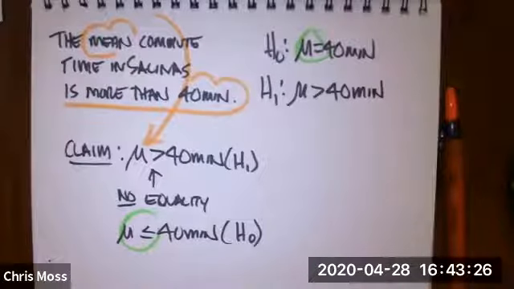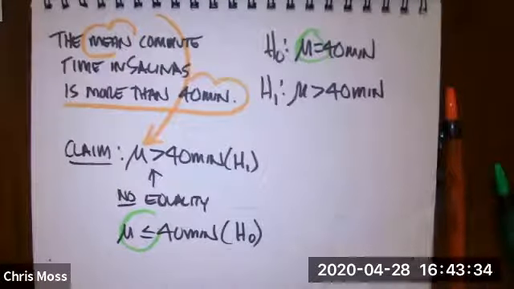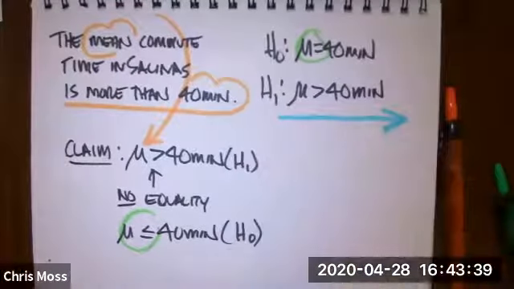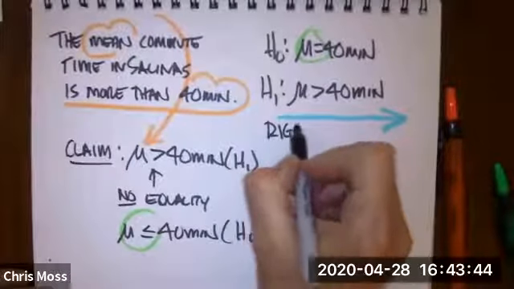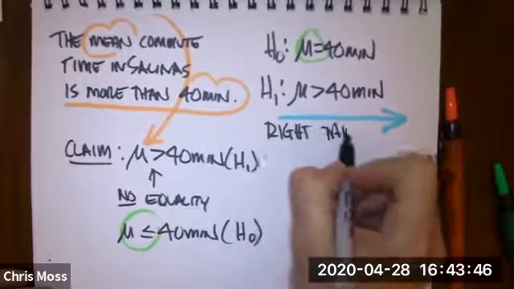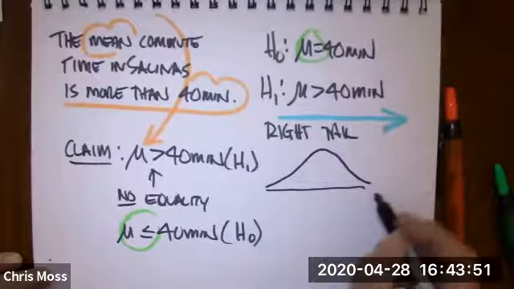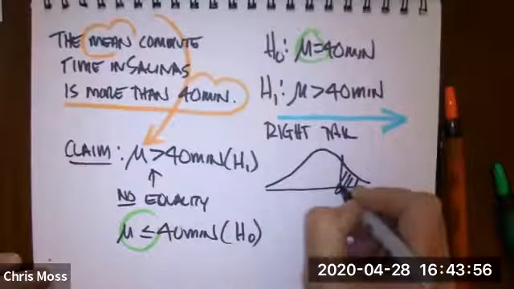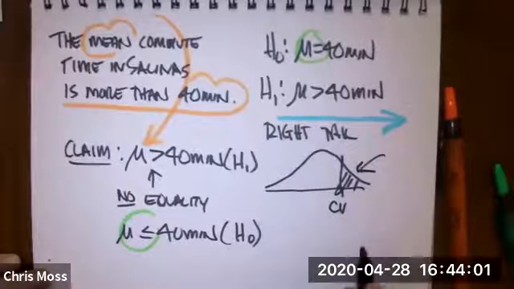So there we have it. This time the inequality points to the far right. This means that in this case, we have a right tail test. So that means if I were to look at this under a distribution picture, the data that I will be interested in, the evidence, is over here on the far right.